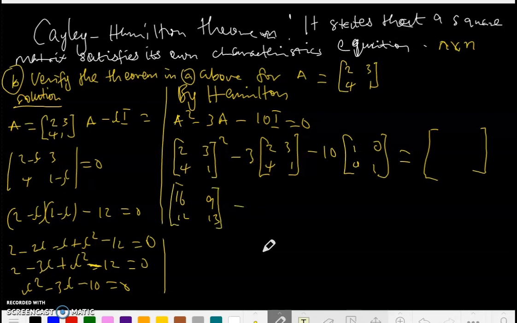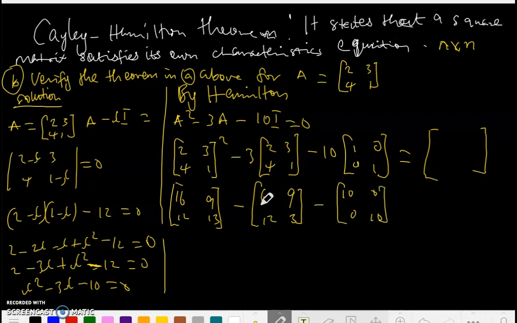Minus 3 times A, which gives us 6, 9, 12, 3. Now minus 10 times the identity matrix, which gives 10, 0, 0, 10.